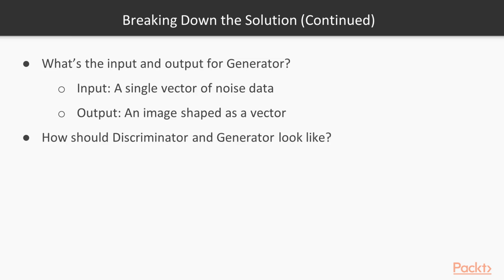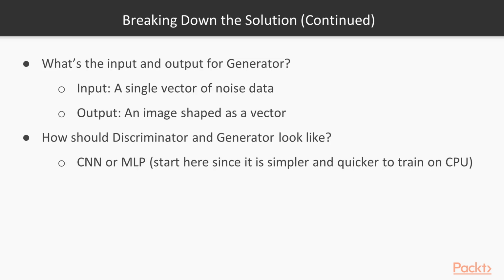Then the next question would be, how should this discriminator and generator look? What kind of neural network architecture should we use? Here we basically have two options. Because we're working with images, we can use a convolutional neural network or some kind of multi-layer perceptron network.